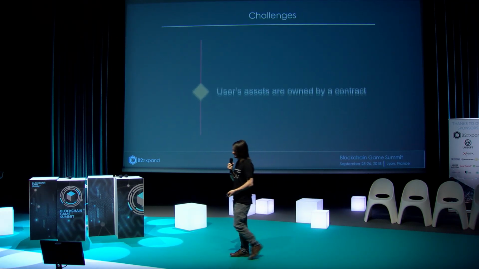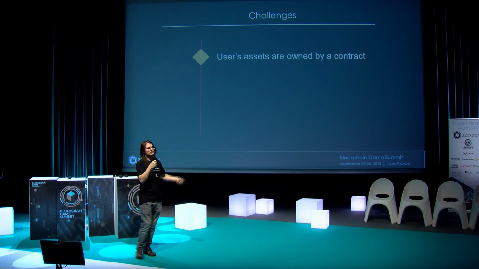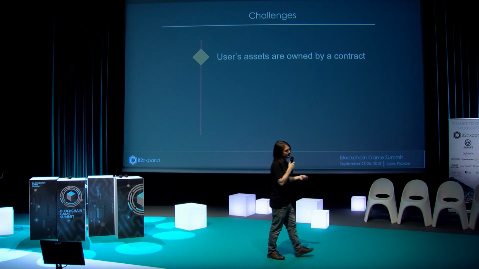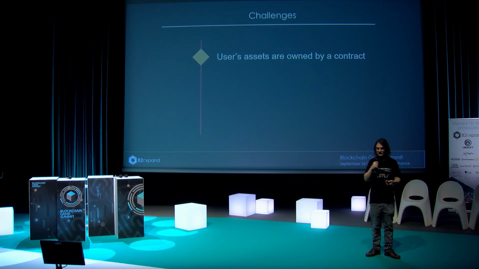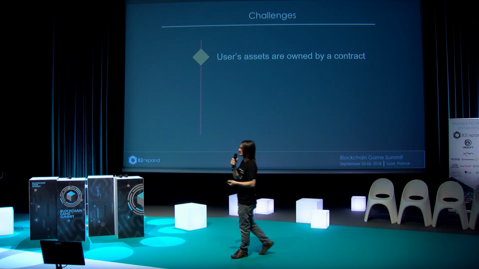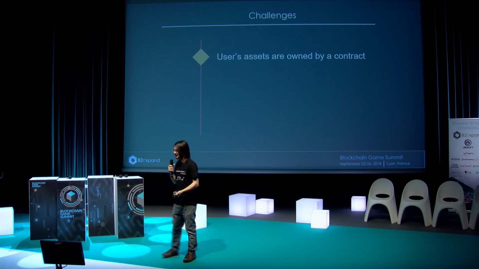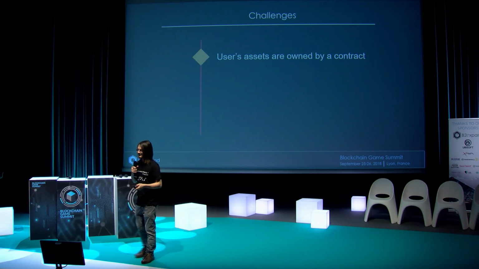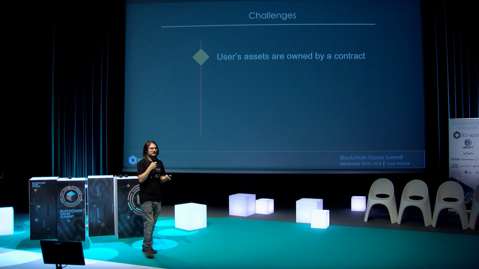So the first one is that for all of this to work, all of the belongings, all the assets of your user must be owned by a smart contract. And it's not a big problem because the smart contract can actually be triggered only by your user, but it's kind of bad because it's not really standard with the community.